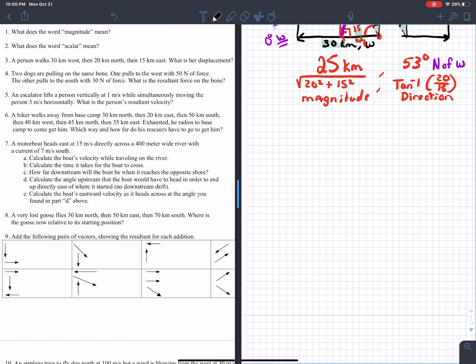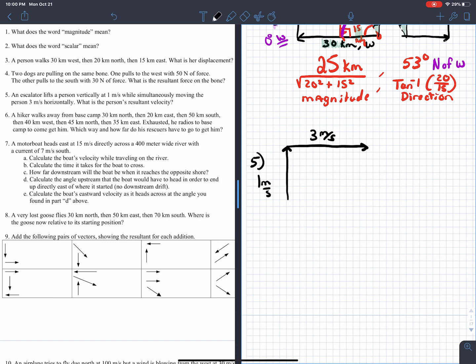So if it's going to lift somebody up, that means we're going to have the arrow drawn up at 1 meter per second. It says simultaneously moving the person 3 meters per second horizontally. So it's also at the same time going to have a horizontal component that's 3 meters per second.